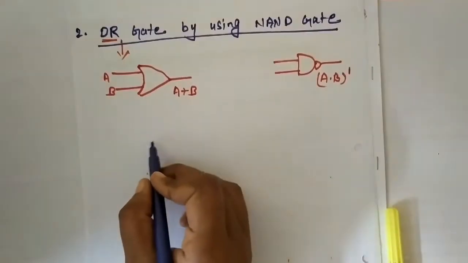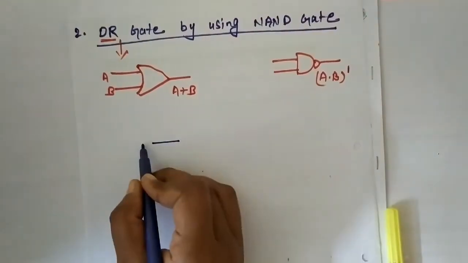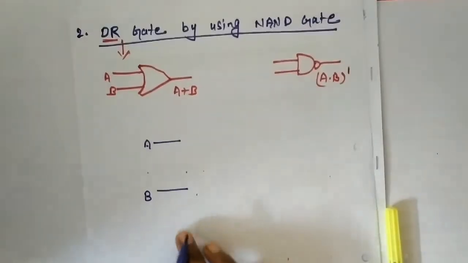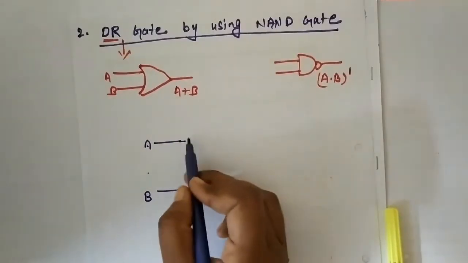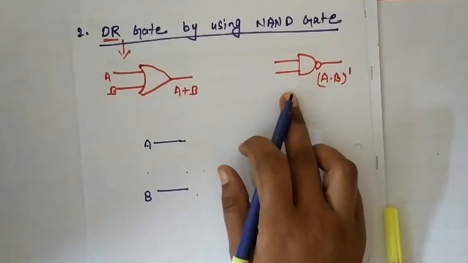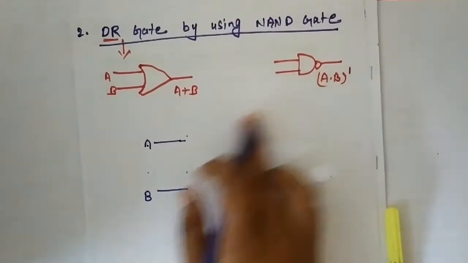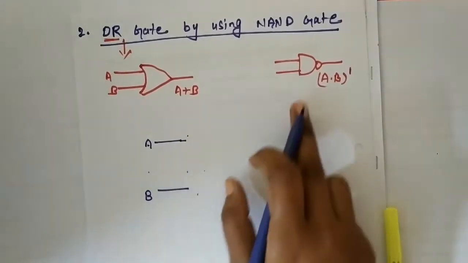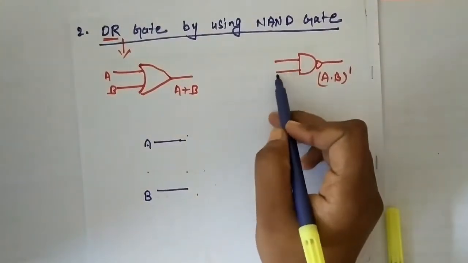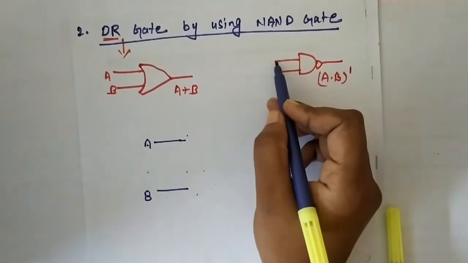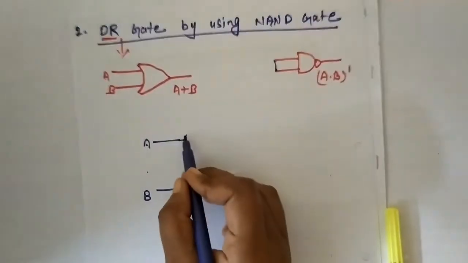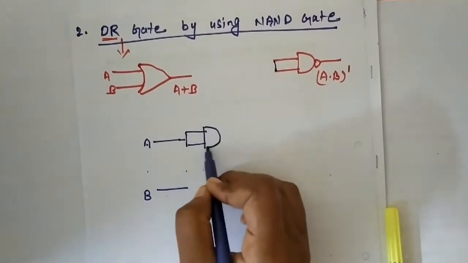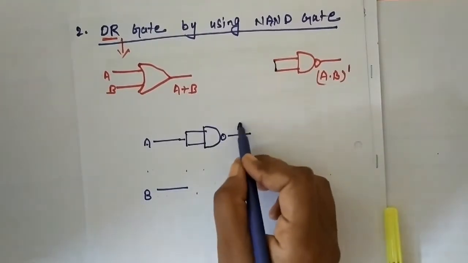Firstly take an input A, and another one is B. After that we put here one NAND gate. How can we put a NAND gate here? Because this is only one input, but a NAND gate needs two inputs. So let's join these two inputs, and now it is A dash.